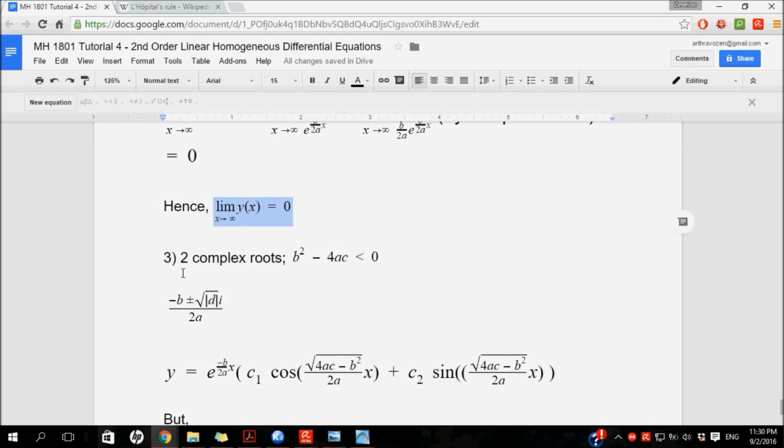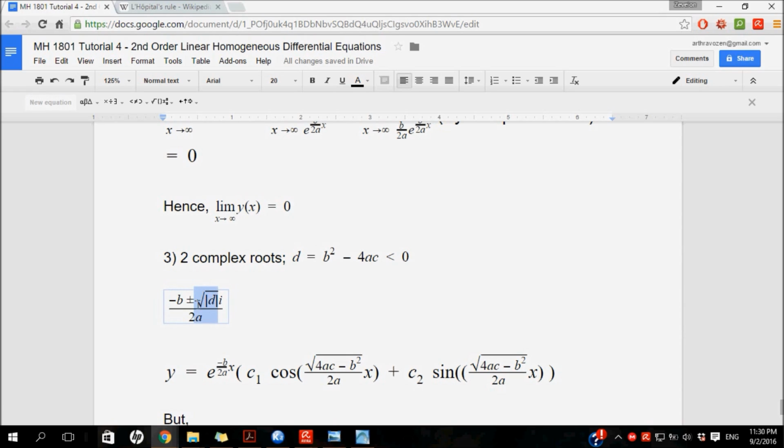Finally, let us consider the last case, when the discriminant d is negative, less than 0. In this case, the two roots are going to be given in this form.